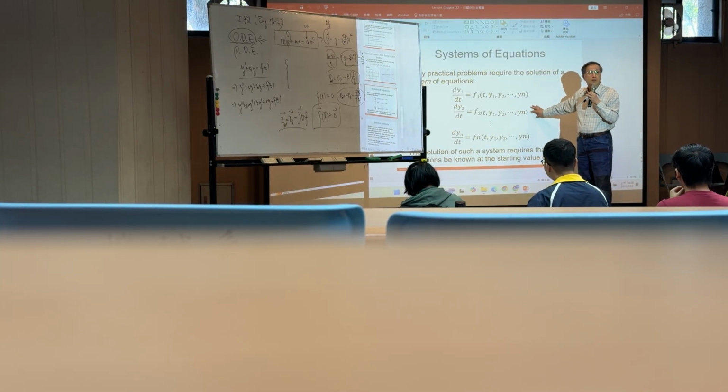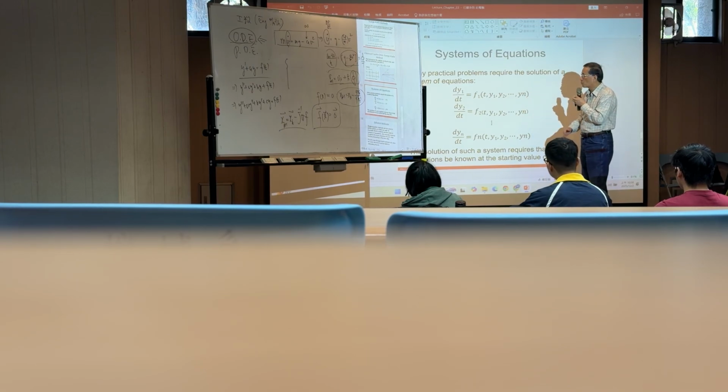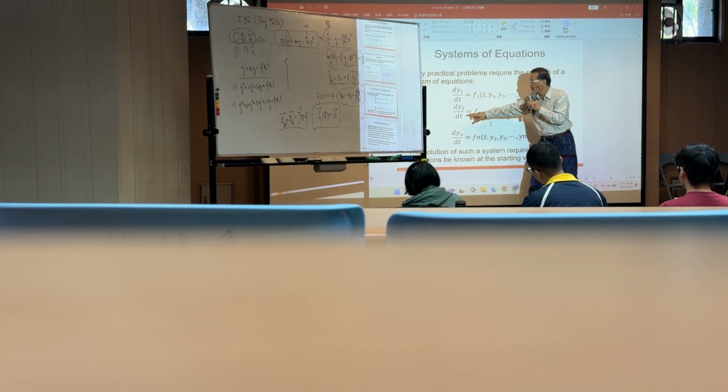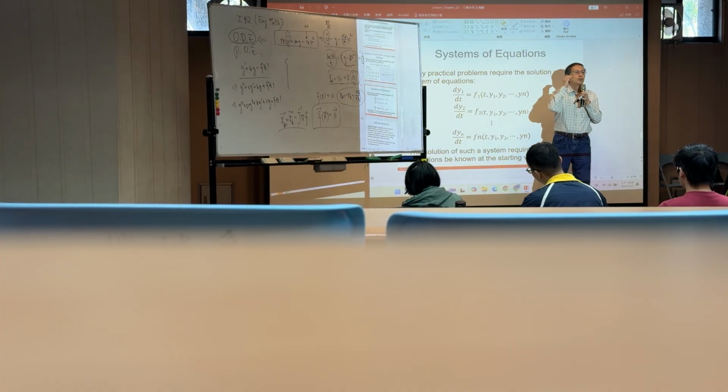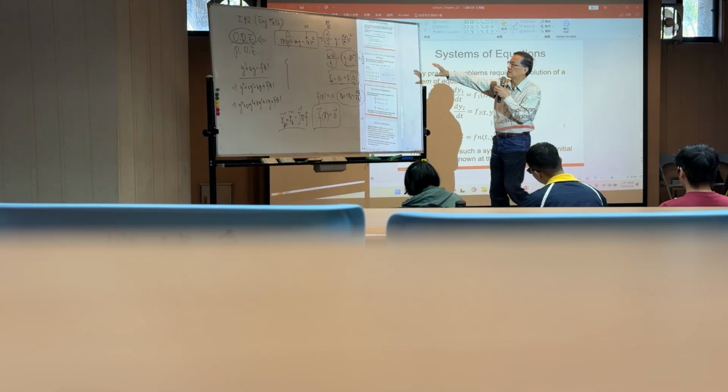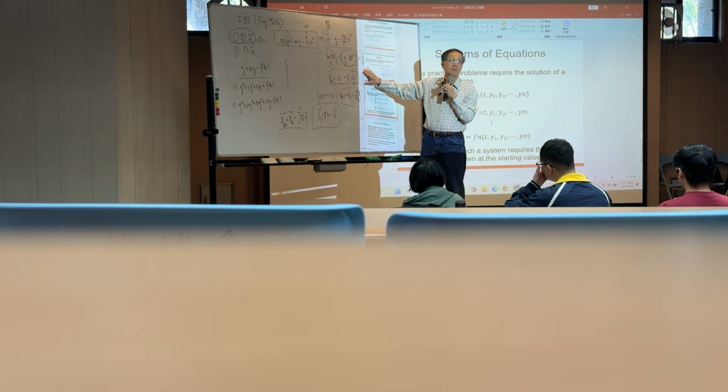However, for numerical method, this is still the same. Still the same, easy. Very easy, because you have this equation, and this equation, all of them doing the same process.